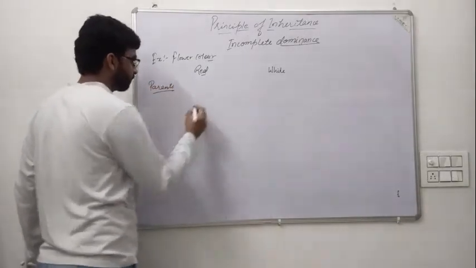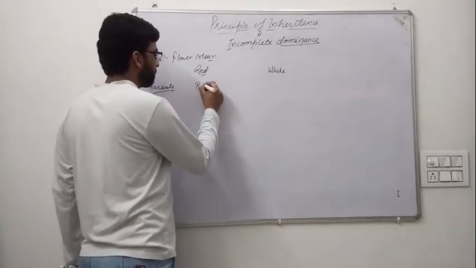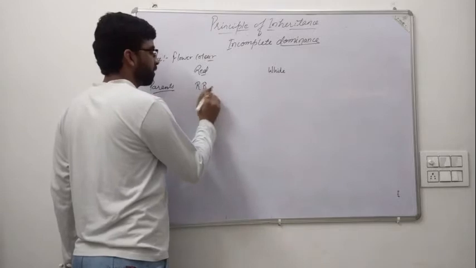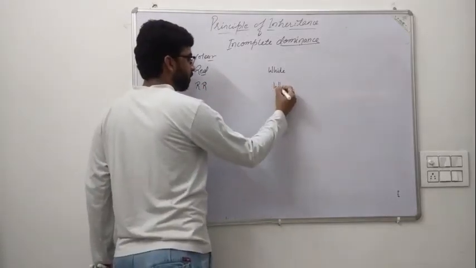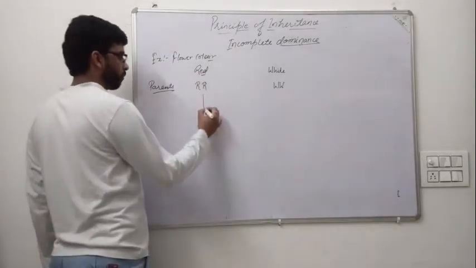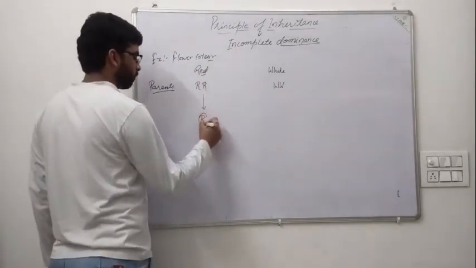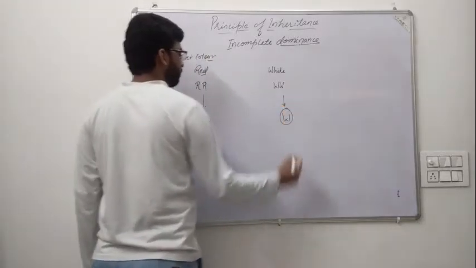Parents: for a red flower, we take capital R, capital R, and for white, capital W, capital W. The gametes are R and W.